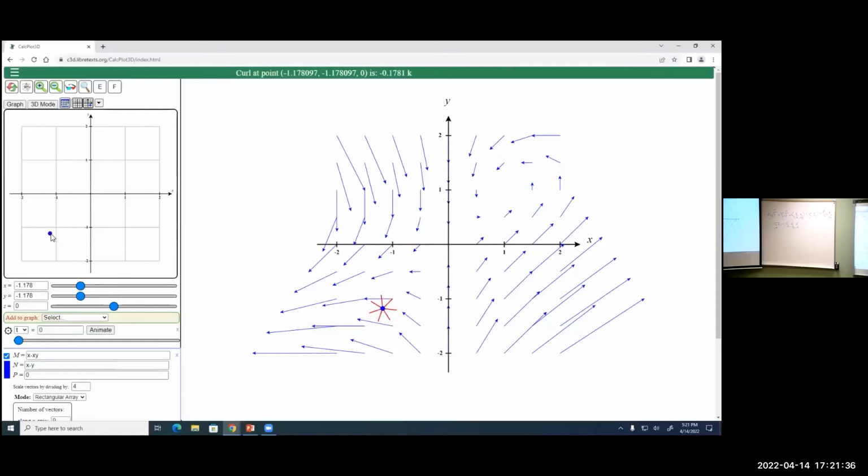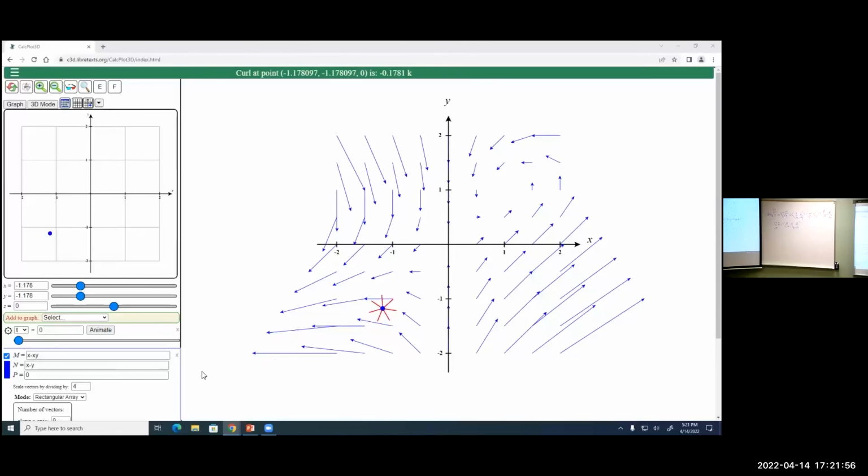So at any given point, we have a curl. Look, there's the curl going in the opposite direction. So that's telling us the curl is negative in this case, because right now we're only looking at a 2D curl. So this is something that you guys can play around with for the vector field you're looking at.